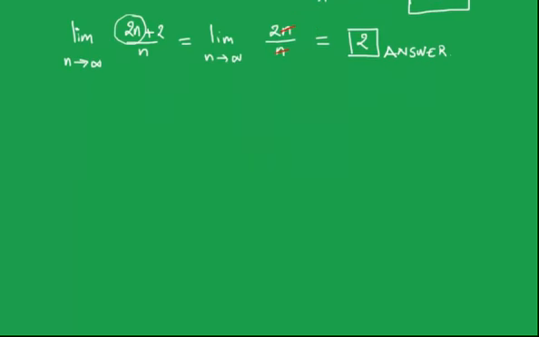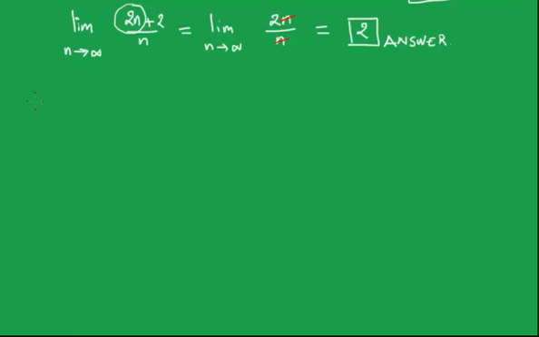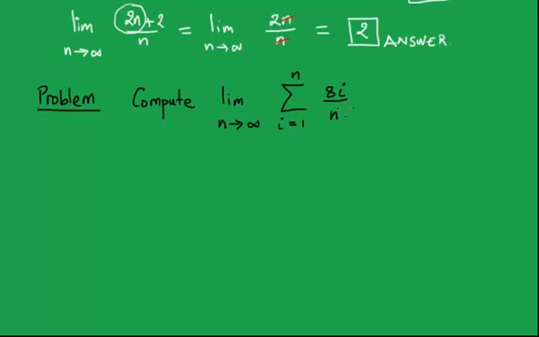Now to practice, I'm going to give you this problem to work on. Compute the limit as n approaches infinity of the summation i equals 1 to n of 8i divided by n squared.